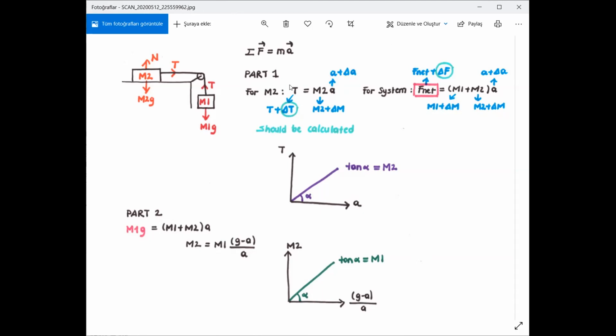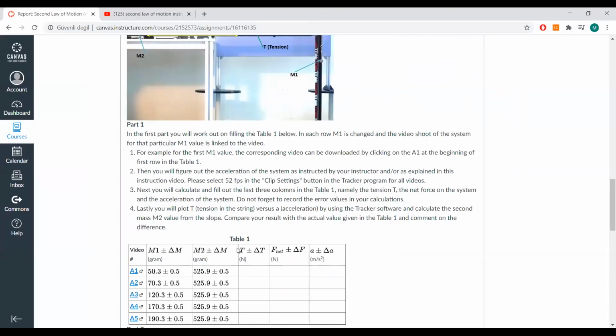It can be calculated by using the rules of arithmetic calculations of error propagation at addition or subtraction and multiplication or division. T value should be calculated and recorded in the table for each video.